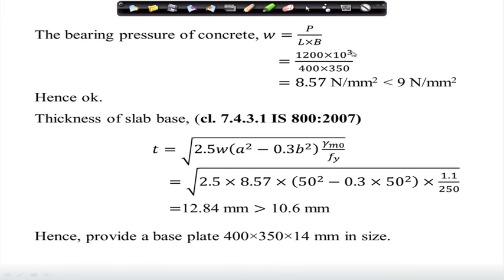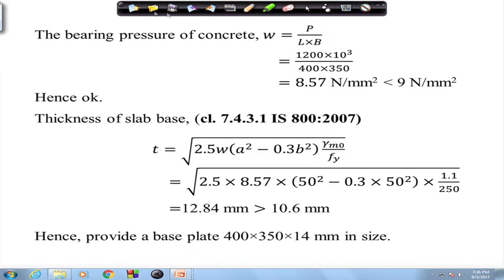Then the bearing pressure of concrete we can find out, that is W is equal to P by LB. So, P is 1200 kilonewton and length is 400, width is 350.